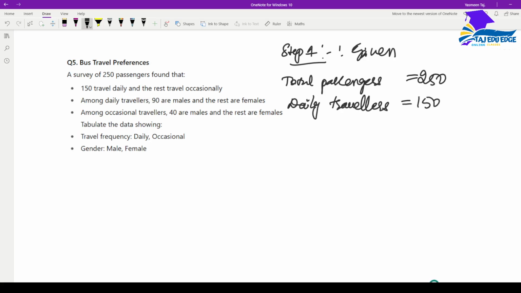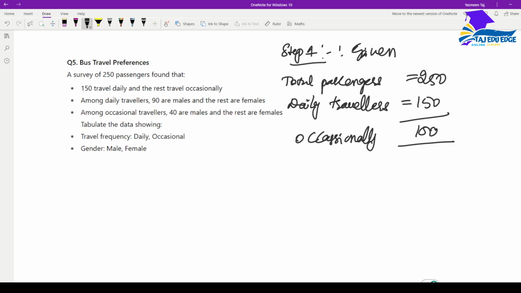So how many are remaining? 250 minus 150 is 100. Those 100 travel occasionally. So now we have the data of 250 passengers total, 150 travel daily, 100 travel occasionally.